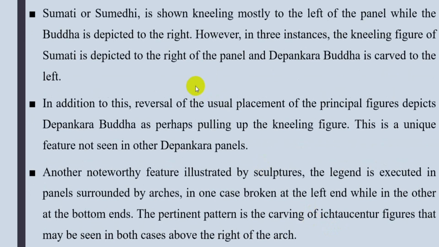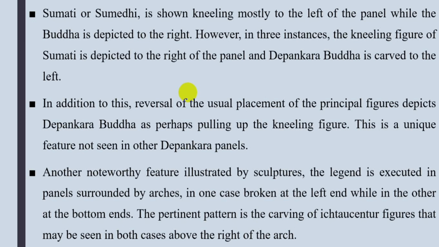Sumati or Sumedha is mostly shown in the panels kneeling to the left of the panel, and Buddha is depicted to the right. However, in 3 instances, the kneeling figure of Sumati is depicted to the right of the panel, and Dipankara Buddha is carved to the left.